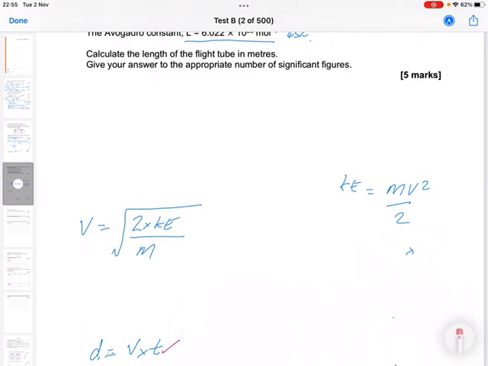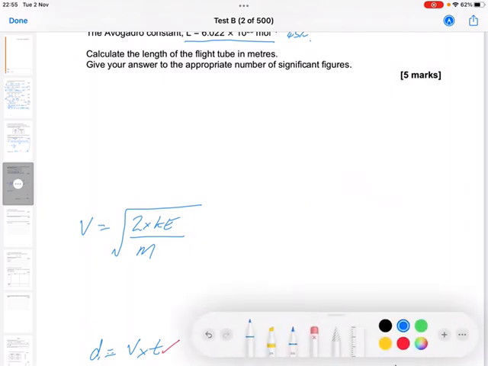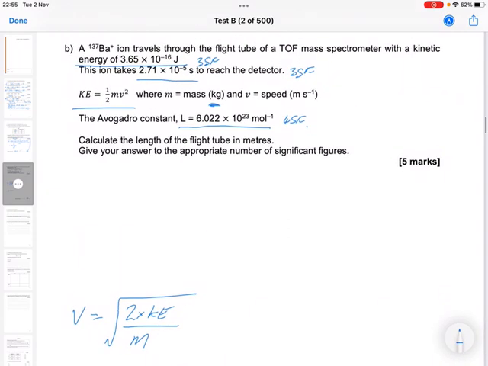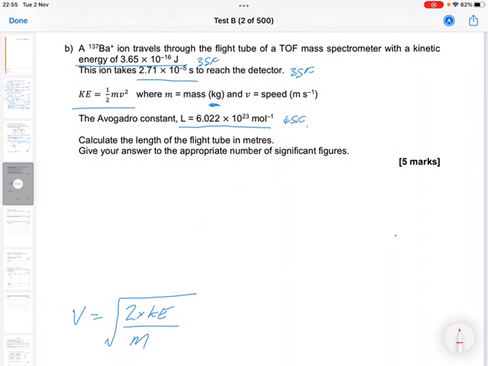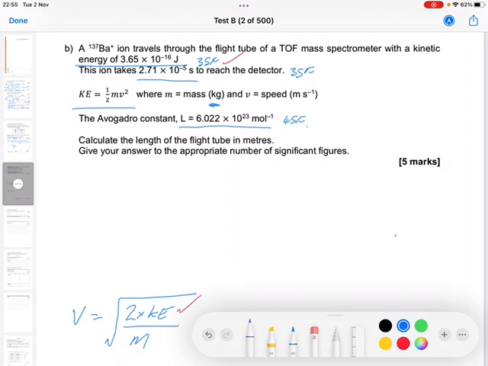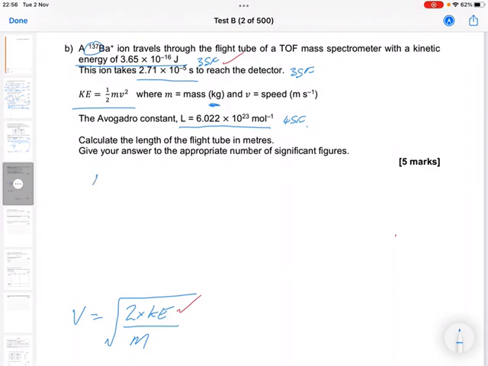Let's have a little look. So what have I got in the question and what am I short of? So I've got kinetic energy, that's this bit here. Obviously I've got 2, but I haven't got mass. So now I need to work out the mass of this, using this value here. So the 137 is 137 grams per mole. Mass needs to be in kilograms.